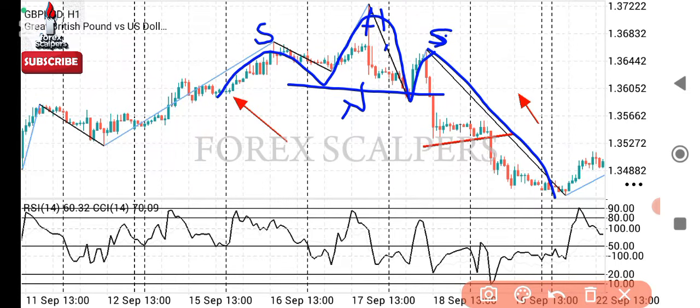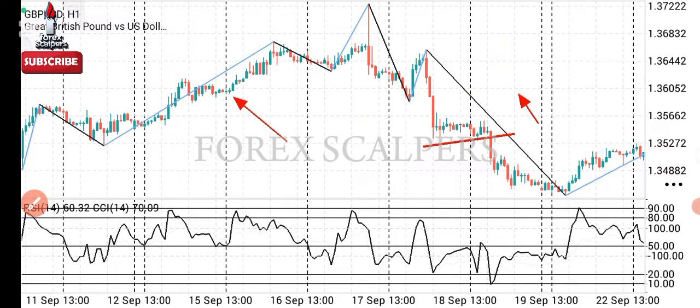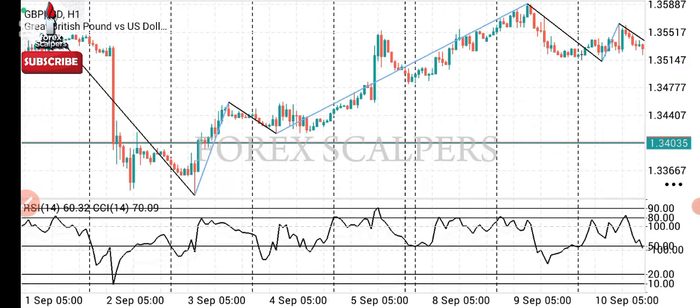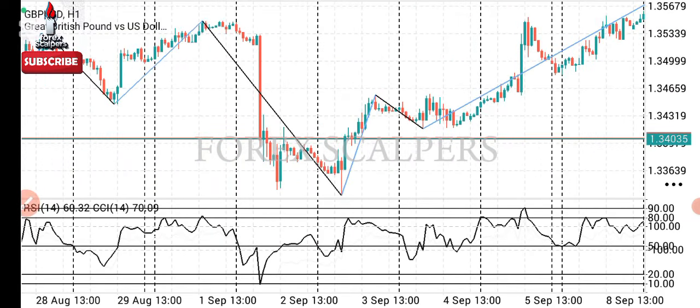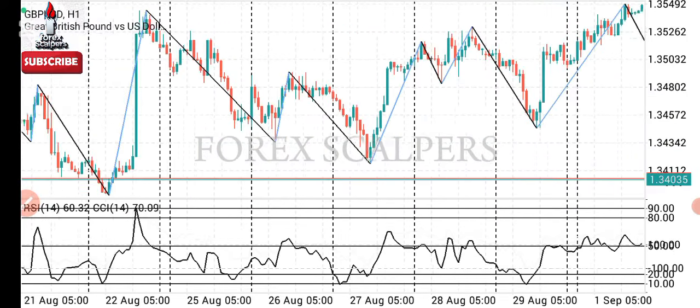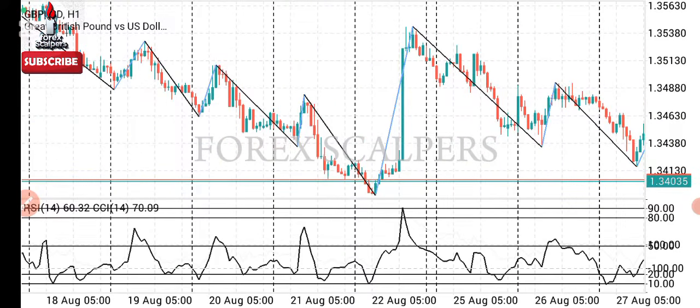So what do you see? You see the break of price to the neckline, and then you see the flow of price towards the downside. So this is very much simple, and it is an effective method of trading that you can incorporate. So with this, you can easily get to mark your double top and double bottom chart formation, and then you can proceed from there with your trade entries and trade execution.